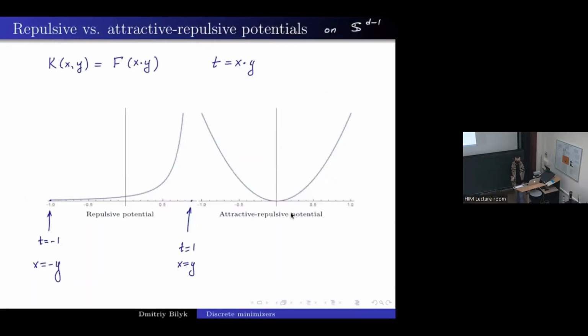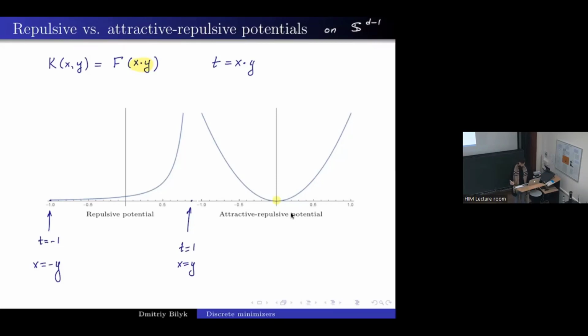And well, when you're on the sphere, as I said before, it's easier to write your kernels if they're rotationally invariant. It's easier to write them in terms of the inner product. So many of the attractive repulsive potentials that arise when you consider problems on the sphere look like this. So they're even functions. So here t equal to 1 corresponds to the same point. T equal to -1 is 2 opposite points. T equal to 0 corresponds to orthogonal points, right?